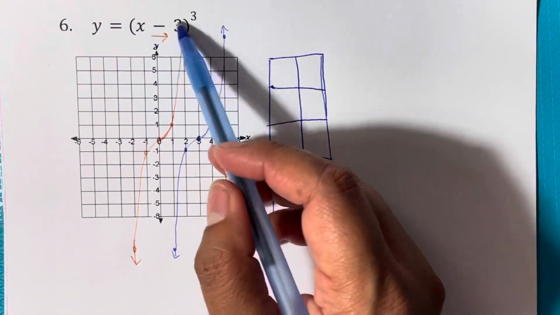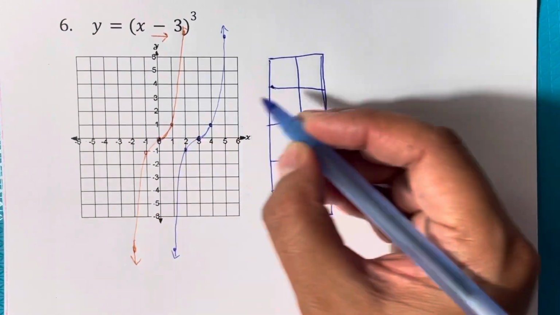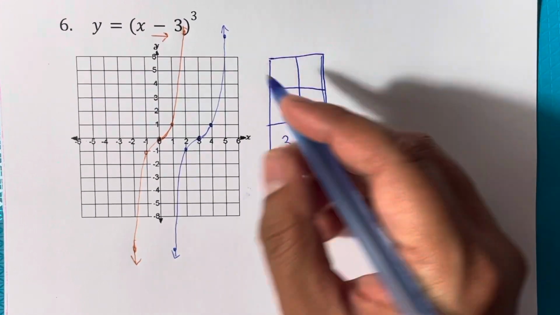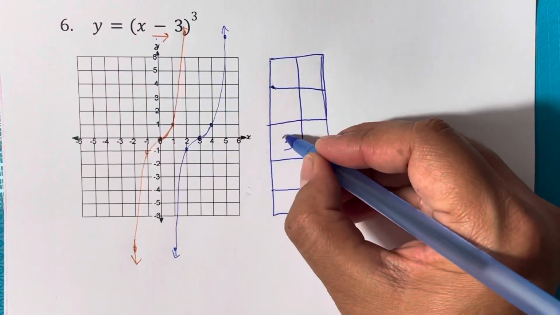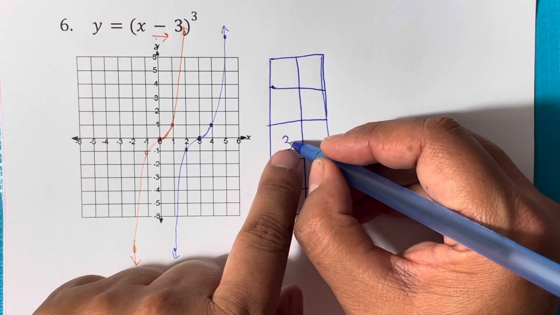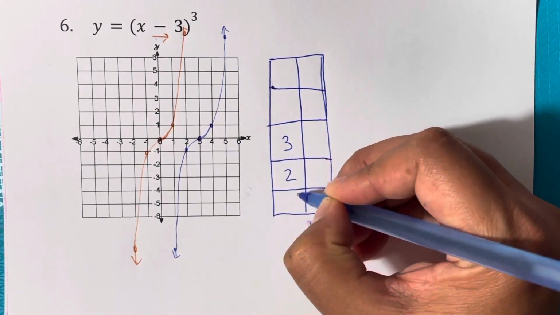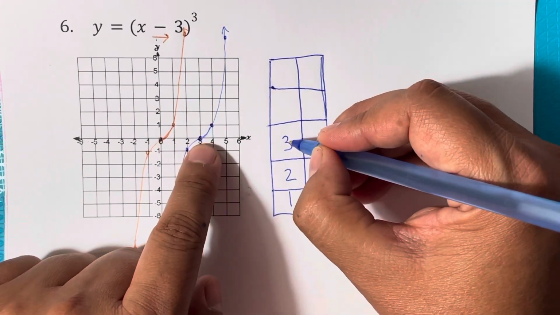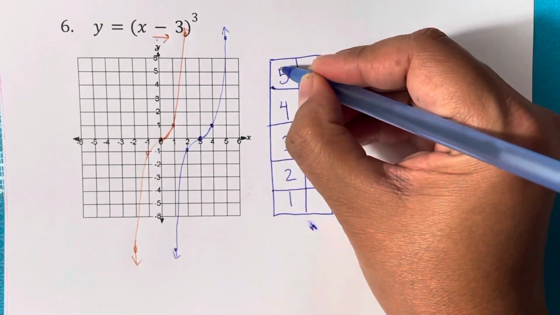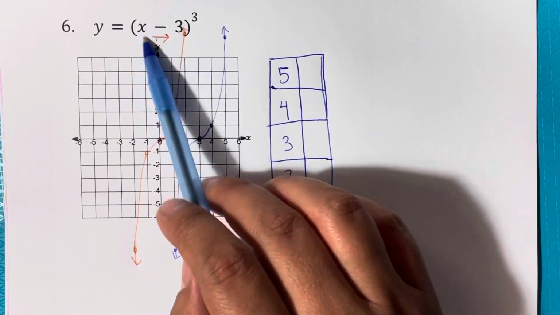Well, if it's subtracting 3, that's for the vertex, the point on the origin. You just put +3, the opposite of that. And so what would we put in here? What comes before 3? 2 and 1. What comes after 3? 4 and 5. So again, you want to choose those values based on whatever is in here.